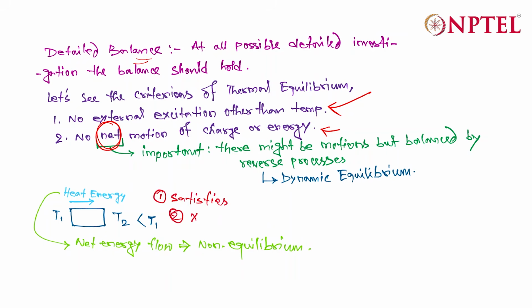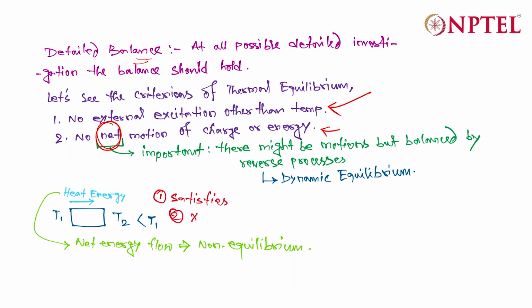Why important? No net motion means there might be motions. There might be a huge activity inside the material, but that must be balanced by the reverse process. That's why we call it dynamic equilibrium. It's not static equilibrium. We don't mean that the entire process is frozen and nothing is happening inside.